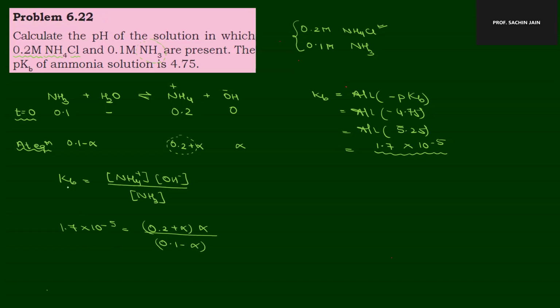Kb का वैल्यू अगर चेक करोगे तो it is 10 raised to minus 5. So can we ignore this alpha वाला term?